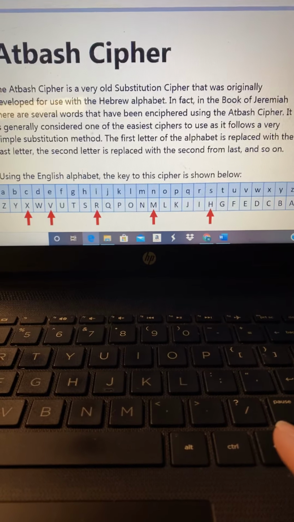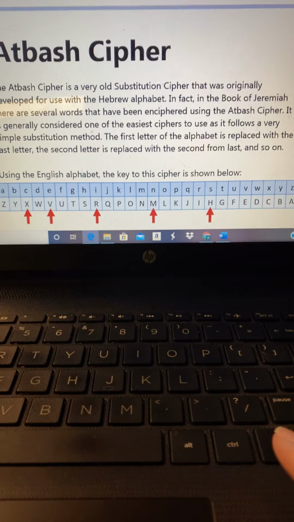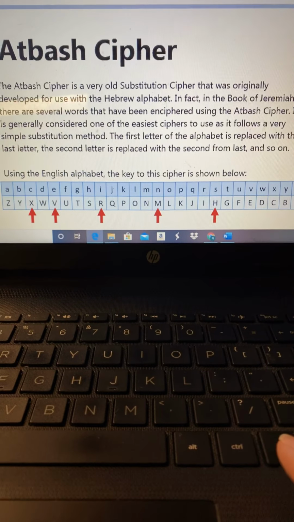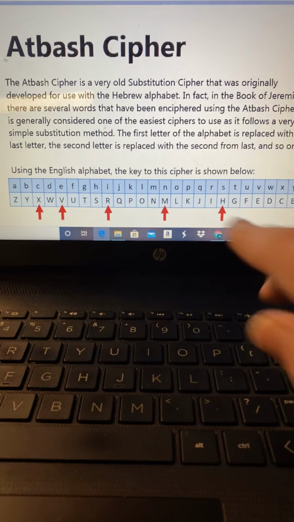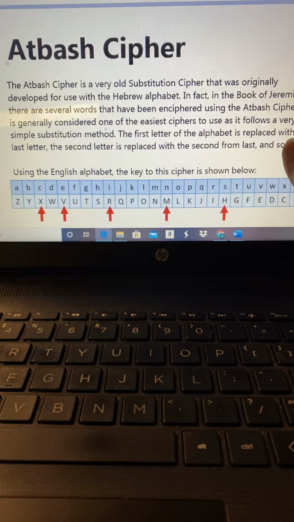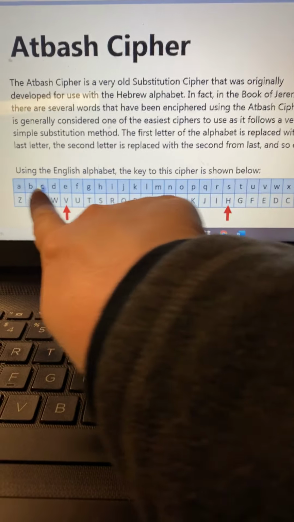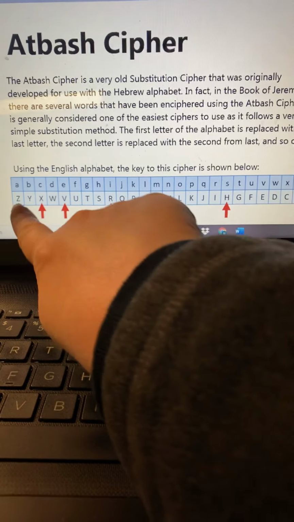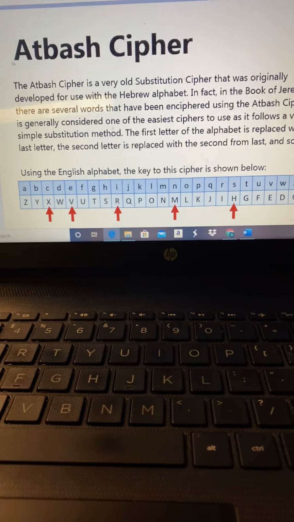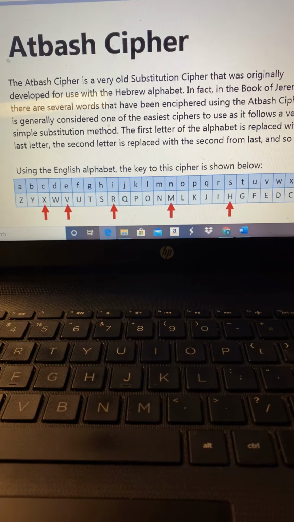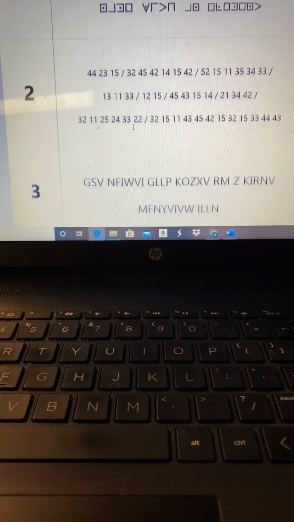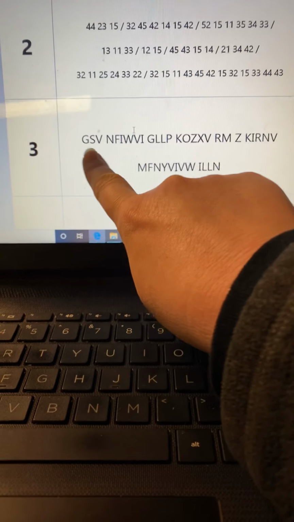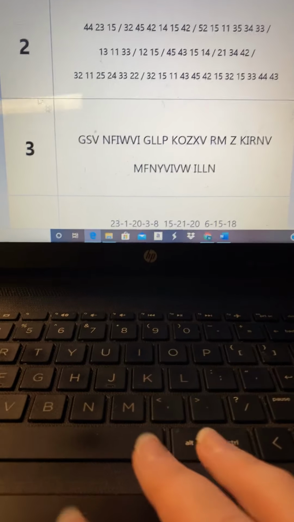The second one is the Atbash cipher. The Atbash cipher is an old substitution cipher. Here, the first letter of the alphabet is replaced with the last letter. So you've got ABC through Z, and then here ZYX backwards from A. Okay? So if we look at the next thing, it's GSV. Okay?